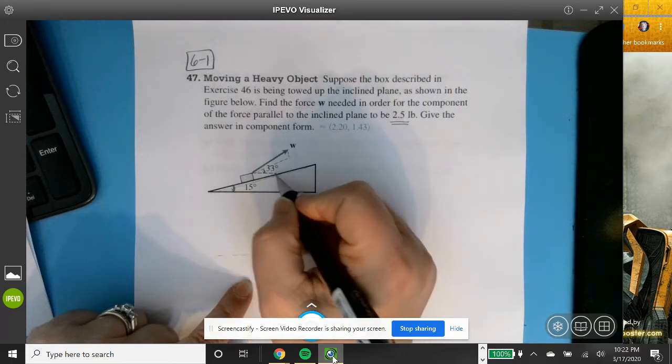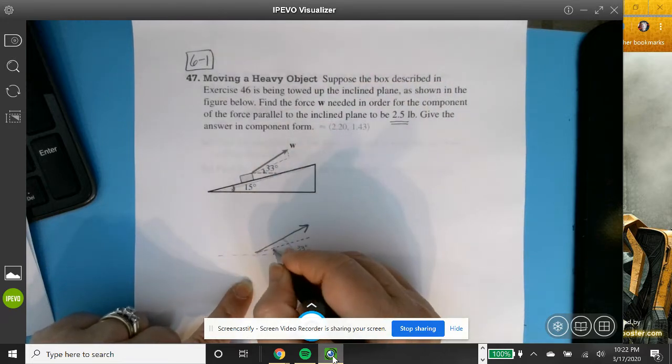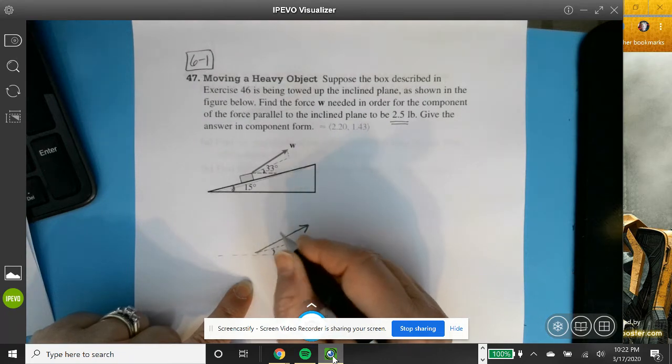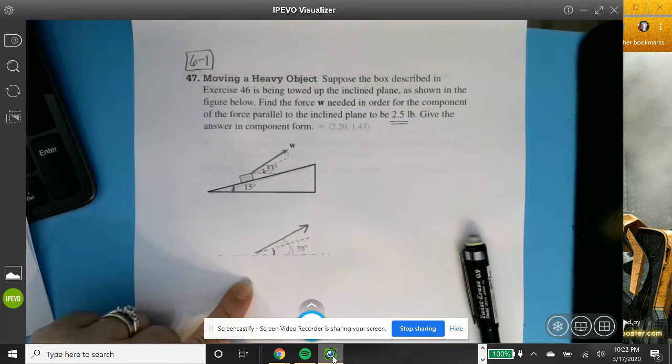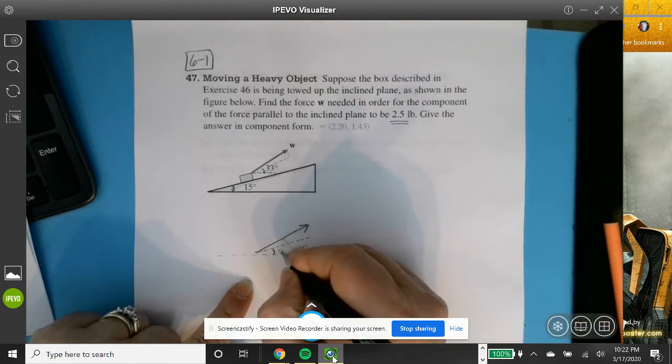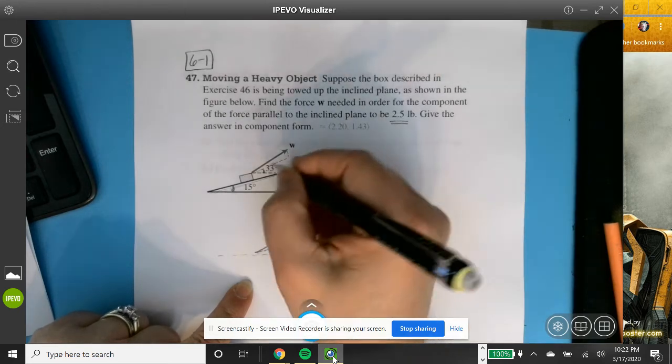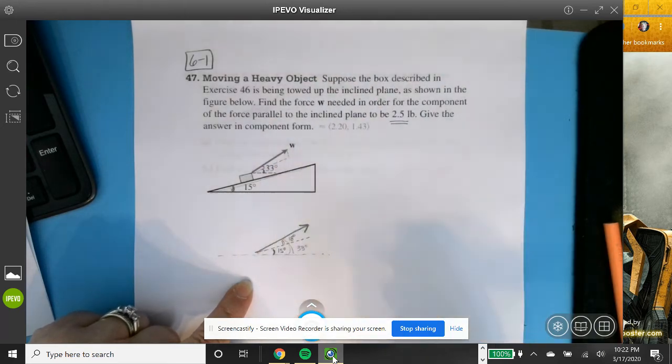Okay, so if this is 15 and this is 15, and this is 33, what does this angle have to be? Well, it has to be 33 minus 15, right? Because this is 15, which makes this one 18 degrees. That's this angle here.